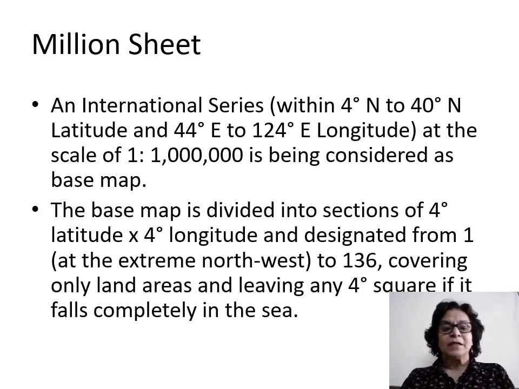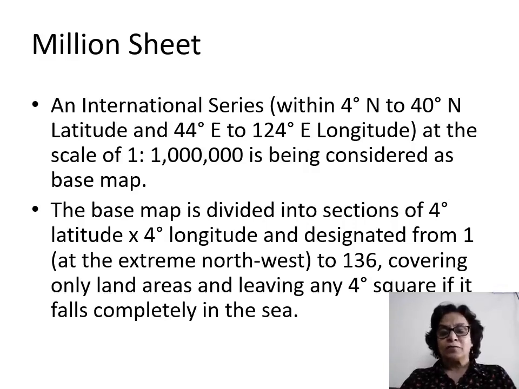Firstly, the million sheet is known as the million sheet because the scale is 1:1,000,000, the RF scale. We have already studied scales, and this scale is adopted for the map, which has a latitudinal extent of 4 degrees by 4 degrees, and the range is from 4 degrees north to 40 degrees north latitude and 44 degrees east to 124 degrees east longitude.